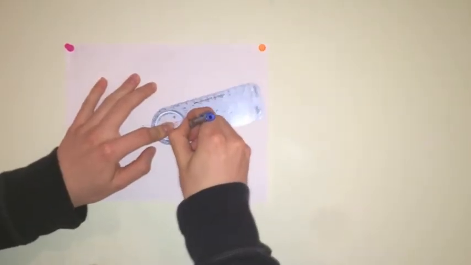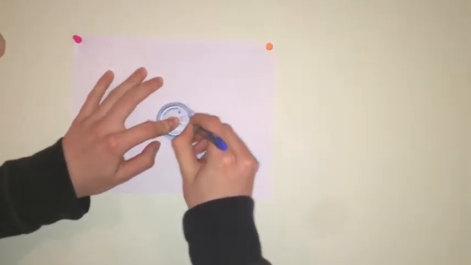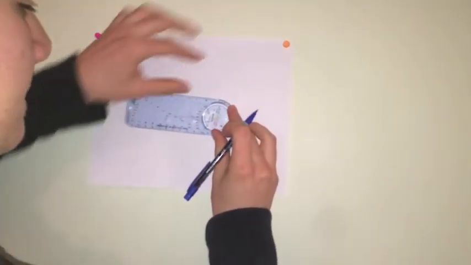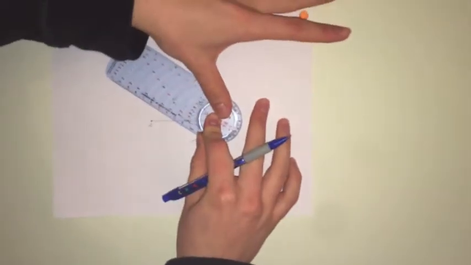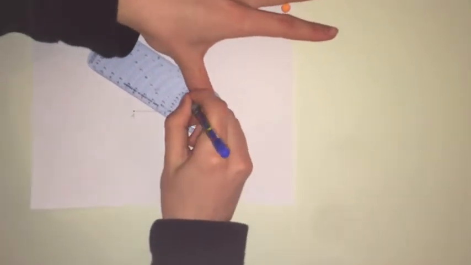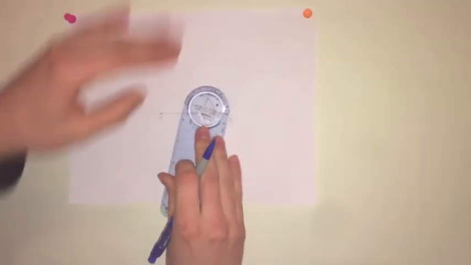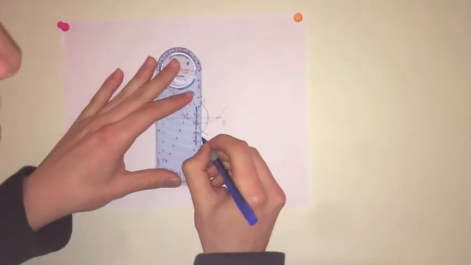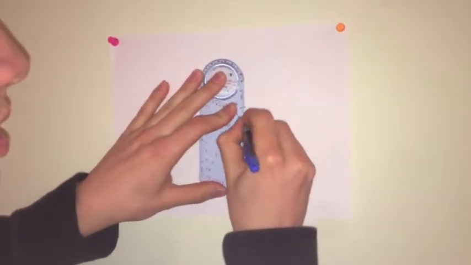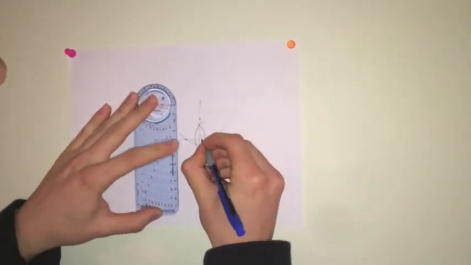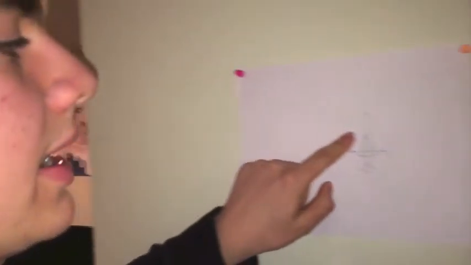So now you make your arcs that go past halfway. And now you connect the points and you have your perpendicular line through a point off the line.